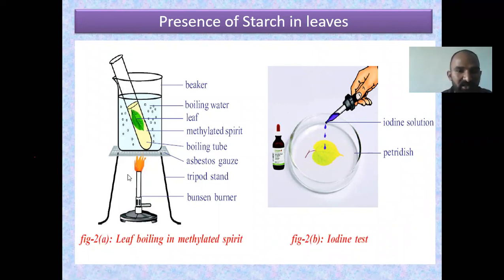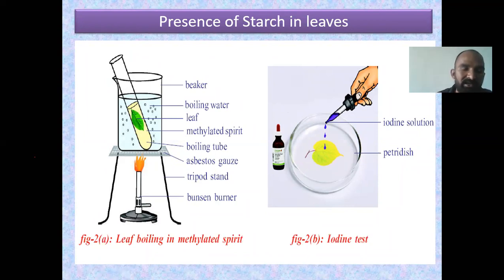After pouring, we dip the leaf inside the methylated spirit. If part of the leaf is outside and part is dipped in the methylated spirit, it does not give a good result. That's why we completely dip the leaf into the methylated spirit.